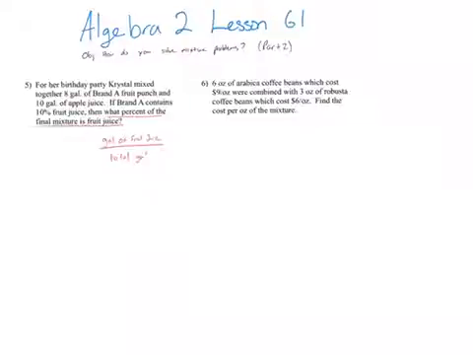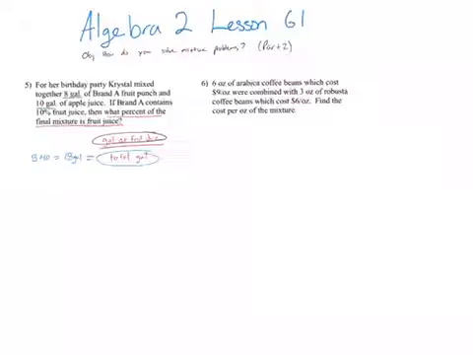So let's see if we can find one of these. I'm going to start with this bottom one first, total gallons. Notice we mixed together 8 gallons and 10 gallons. So that is just going to equal 8 plus 10, which is 18 gallons. Okay, now this top one is a little bit more interesting, but we can still find that as well.